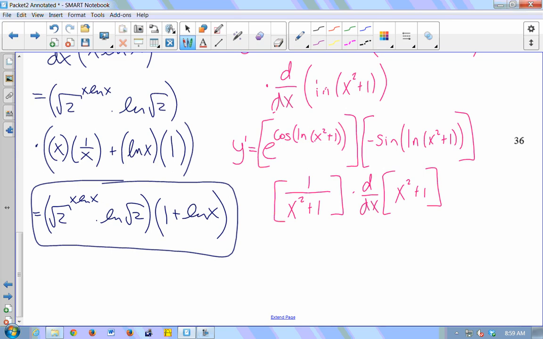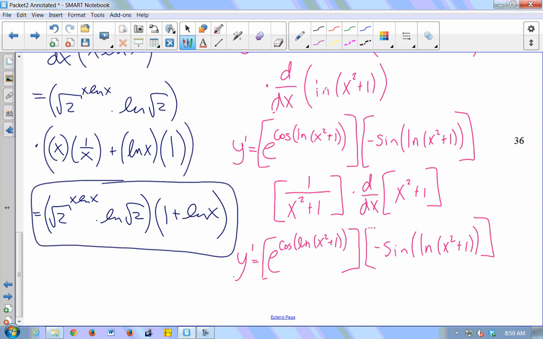So here's my last line here. y prime is going to be e to the cosine of the ln of x squared plus 1 times the negative sine of the ln of x squared plus 1 times 1 over x squared plus 1 times 2x.